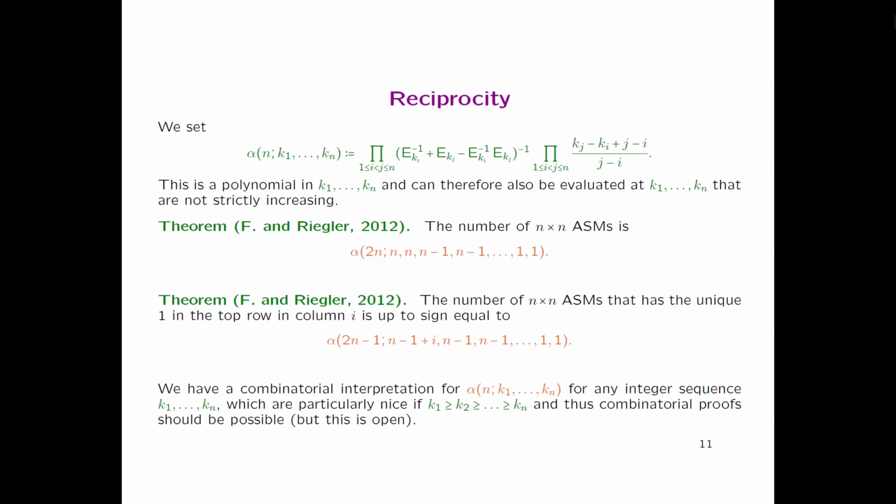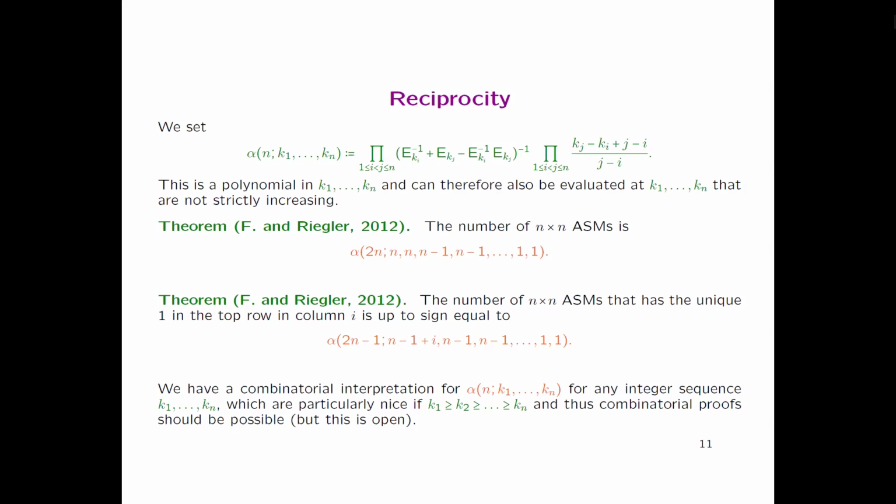In the first row, there's only one 1 in the alternating sign matrix because there has to be a 1. Otherwise the row sum cannot be 1. And if there would be 2, then the minus 1 that is in between in the column cannot sum to 1 anymore. So there's precisely one 1 in the first row, and you can specify, say, that it's in the column i, and it turns out that if you consider the evaluation that I've shown you next, this also gives this refined number of ASMs.